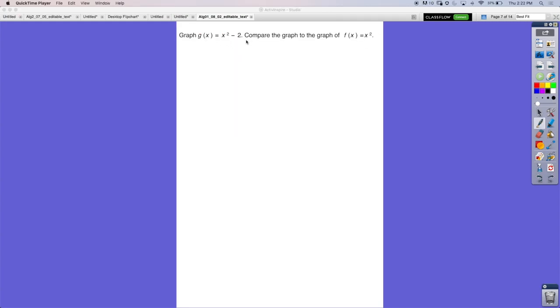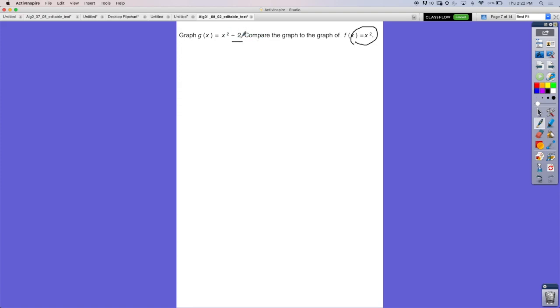Okay, so we're going to graph this and we're going to compare it to the parent function. Before we even graph it, before we do a t-chart or anything, we're just going to look at it from left to right. As I read this function, are there any changes to my parent function? No. So that means there's no reflection, there's no stretch, there's no shrink. Okay, you guys getting that? But there is something here.